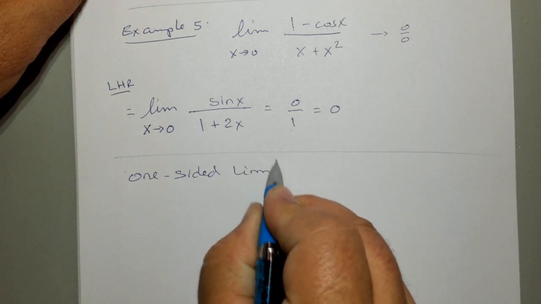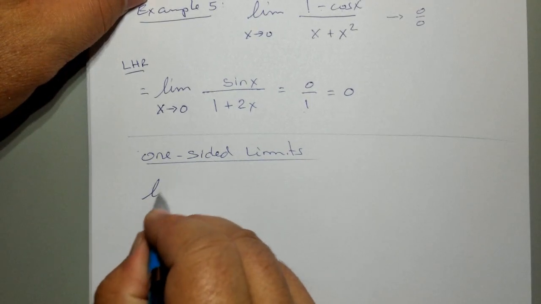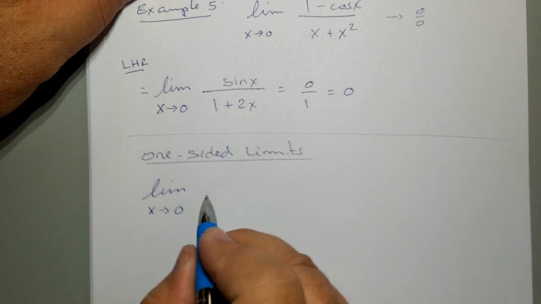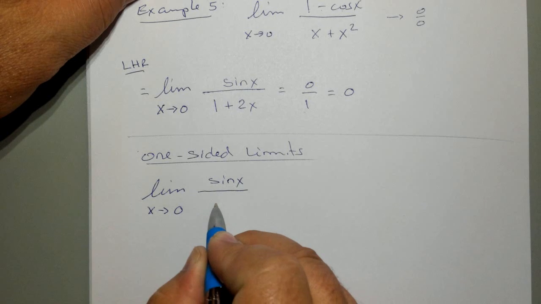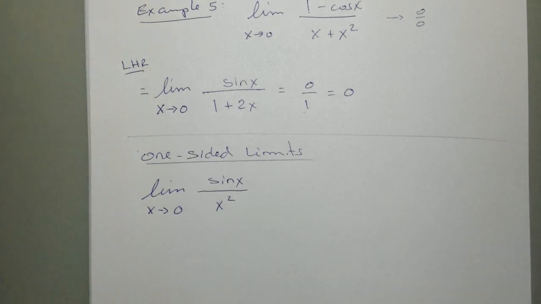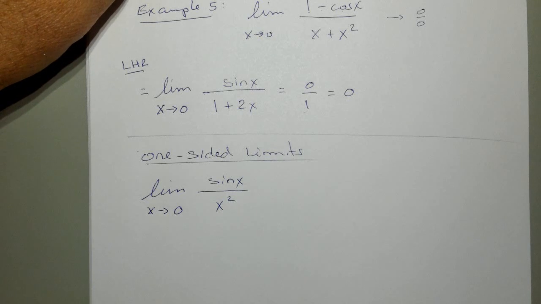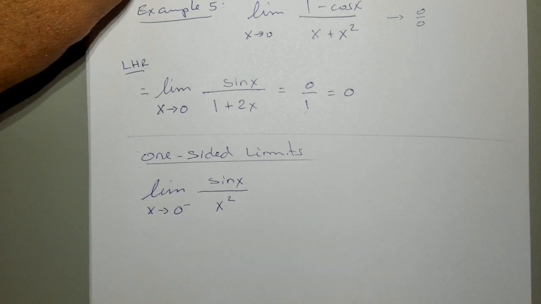One-sided limits. We talked about earlier. Limit as x goes to 0 of sine x over x squared. We can do this equation 2 ways. Let's look at taking it from the left side and from the right side.